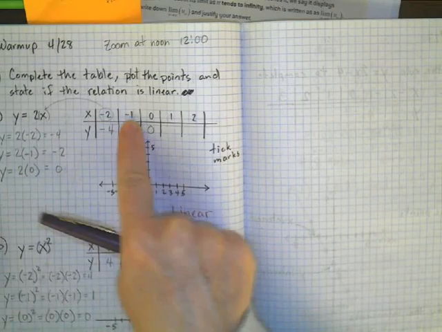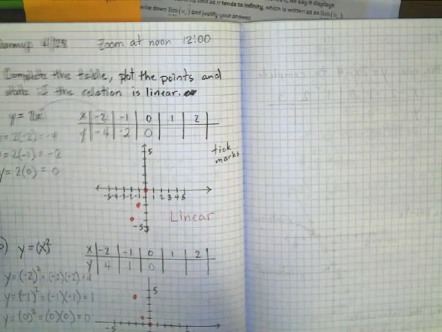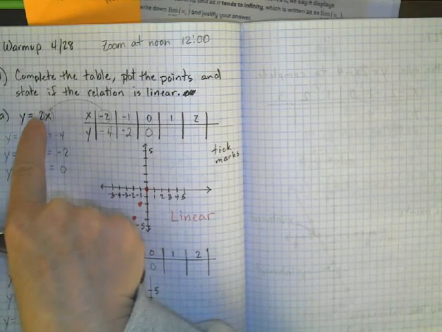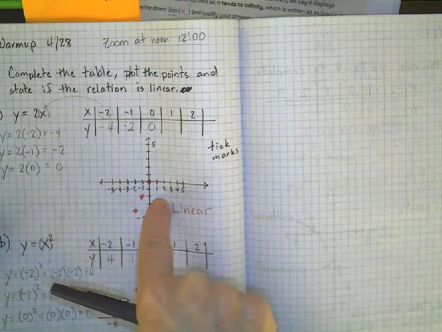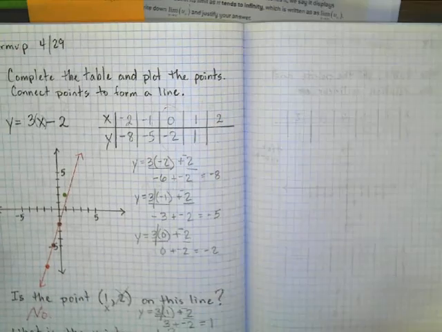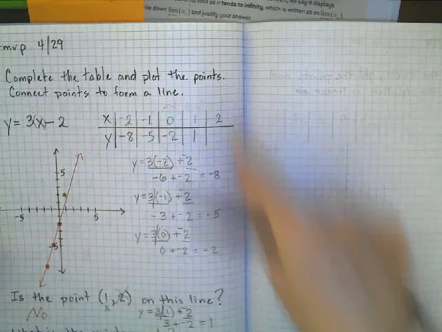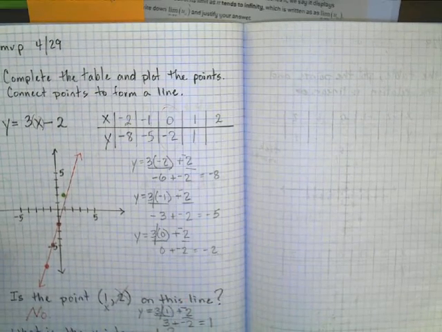So if we look back at how we were doing it before, I was having you make a table and then plotting the points. Well, we're going to go straight from the equation to graphing the line. So all this work, we're not going to do that. We're going to have a shortcut.